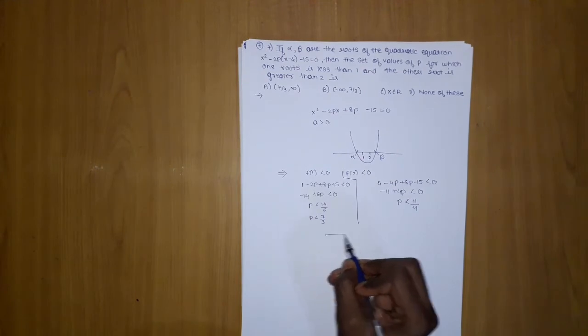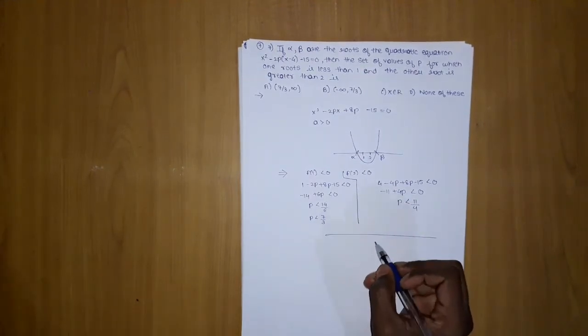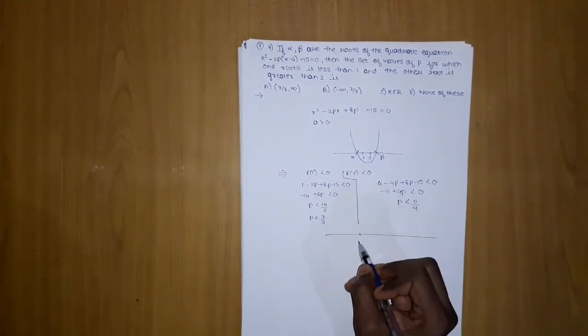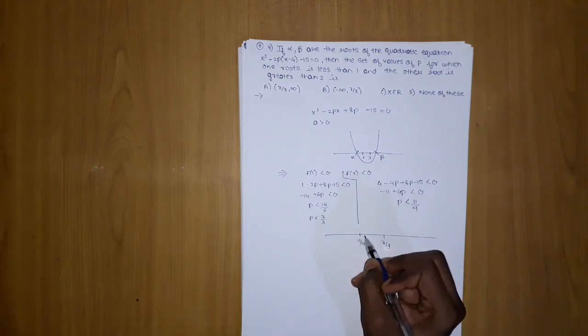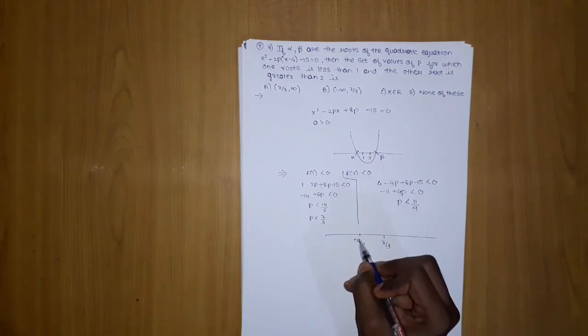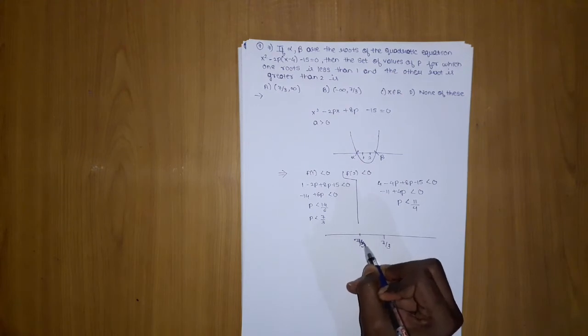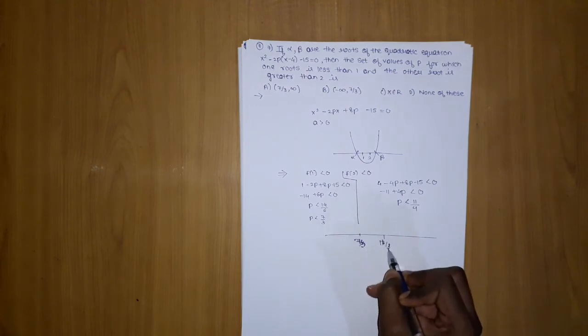Now we will plot these points, 7 by 3 and 11 by 4. 7 by 3 will come here and 11 by 4 will come here.